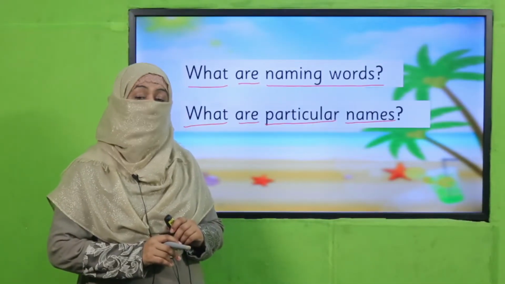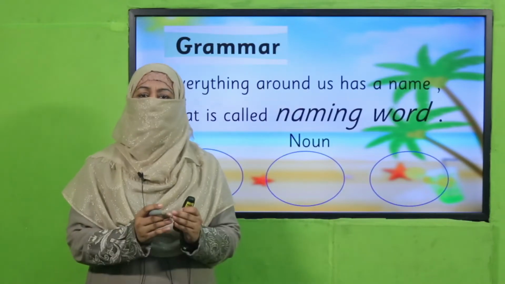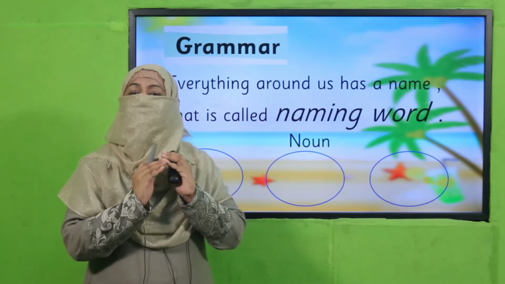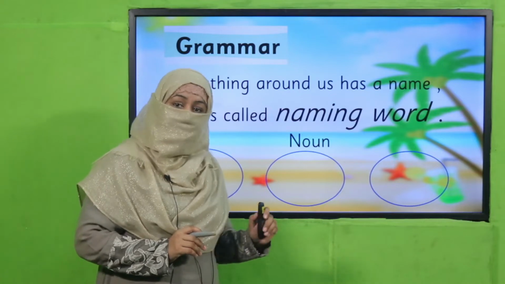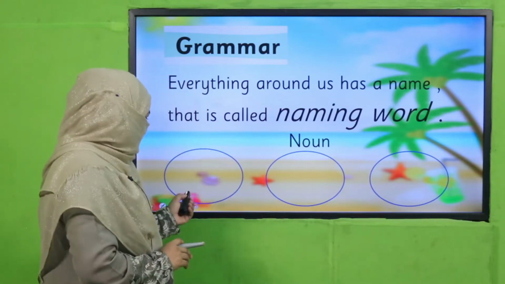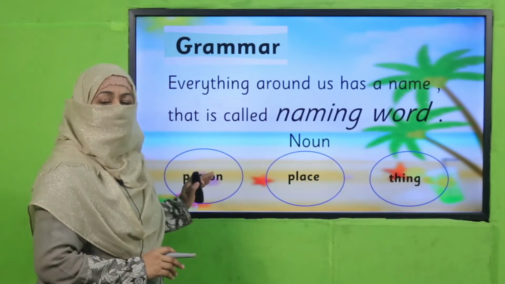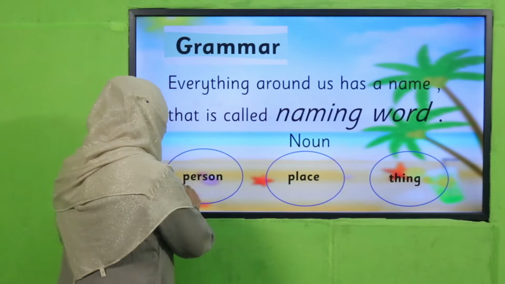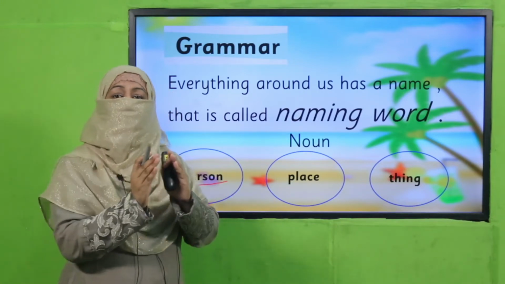Yes, my dear students, I hope you could answer correctly that everything around us which we can feel, touch, hold, or see has a name, and that is called a naming word. And these naming words we have categorized as person, place, or thing. Remember, if a naming word refers to a person, it is called a naming word for a person.